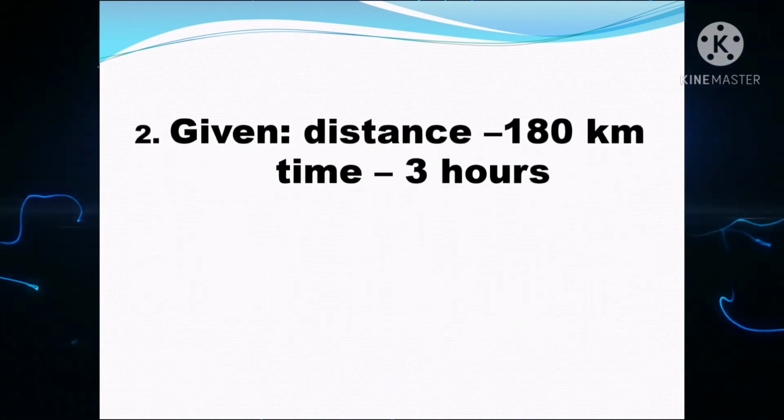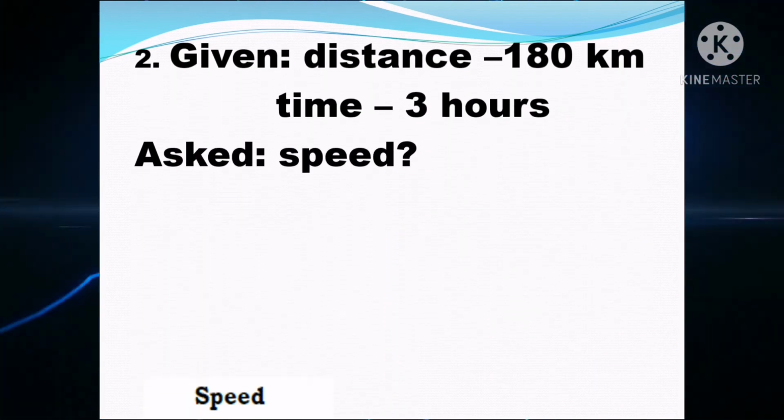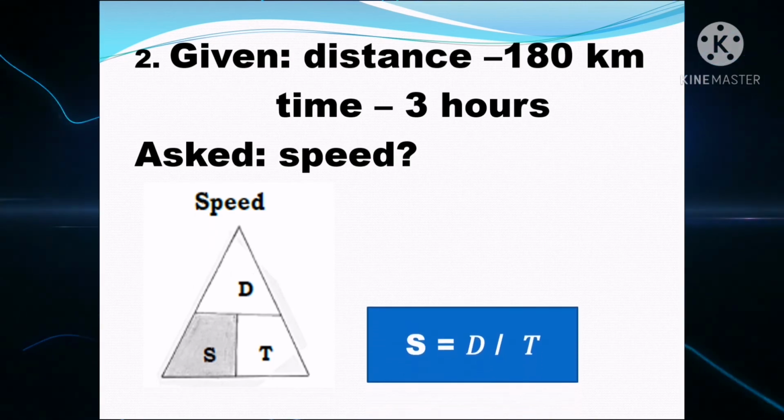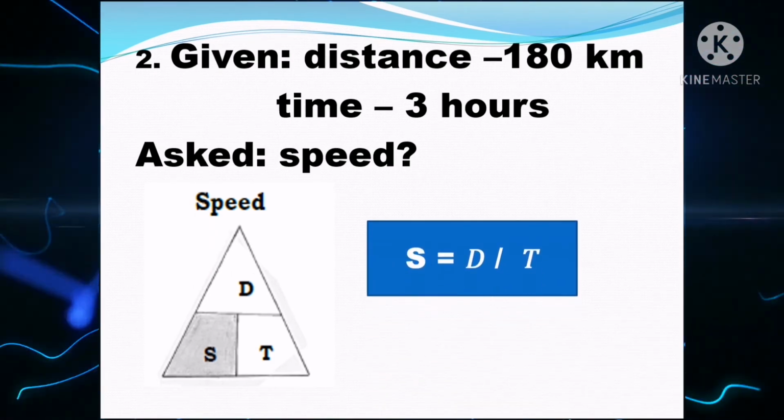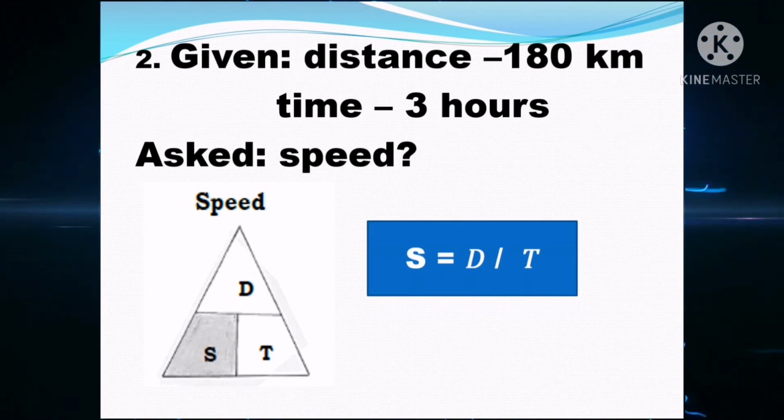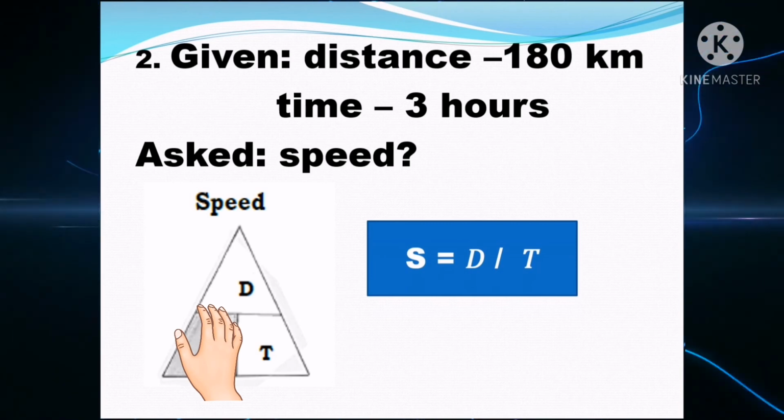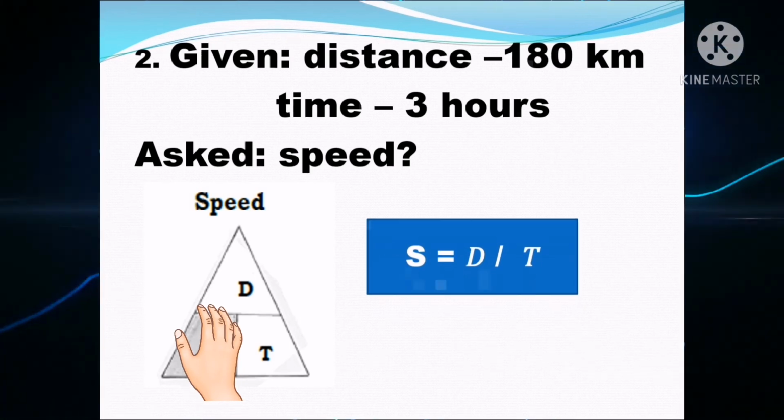Number 2, the given facts are 180 kilometers, which is the distance, and 3 hours, which is the time. And we are required to find the value for the speed. So our formula must be S equals D over T. So all we need to do is to cover letter S. And as you can see, we found out that distance must be divided by time in order to find the speed.